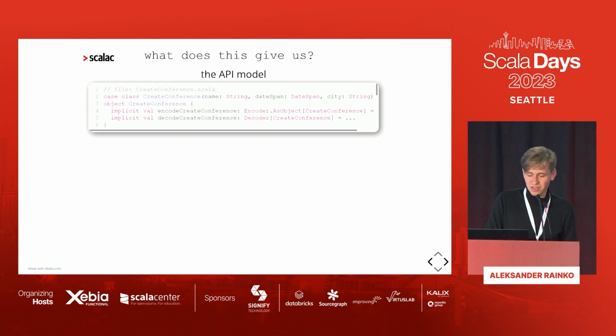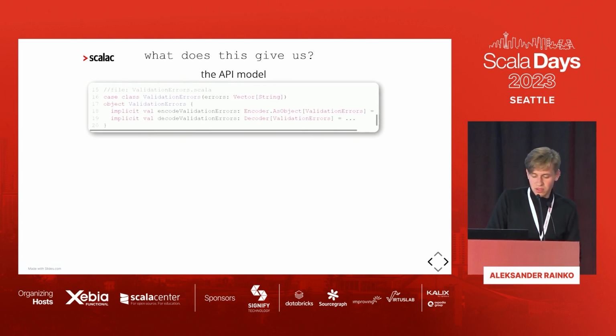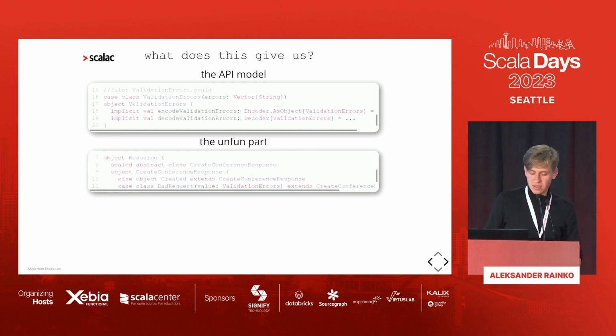We've got a DateSpan, and then our validation errors, none of which really matter. And then it also generates the really unfun part: the hard work of defining the root structure, the serialization logic, etc., and the responses as well.